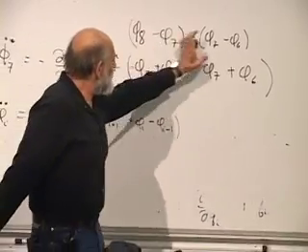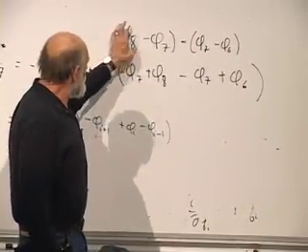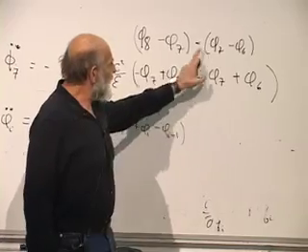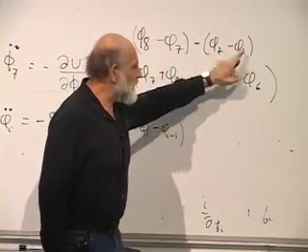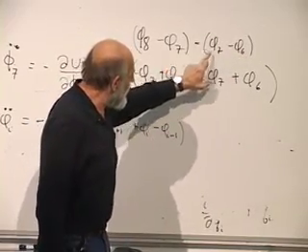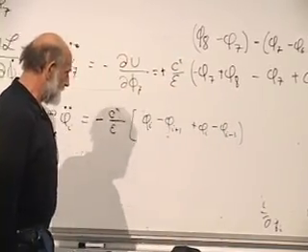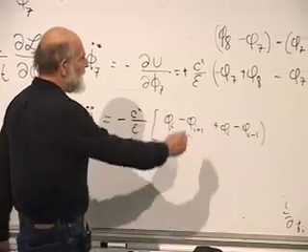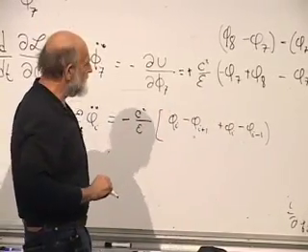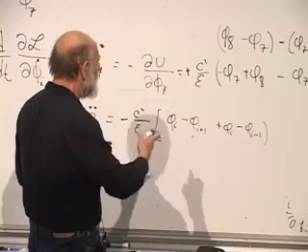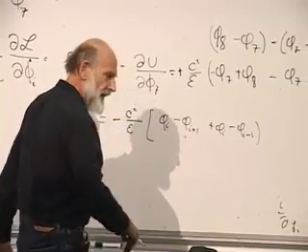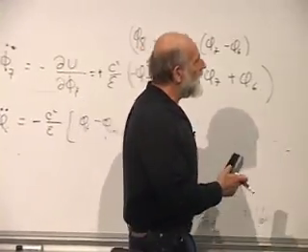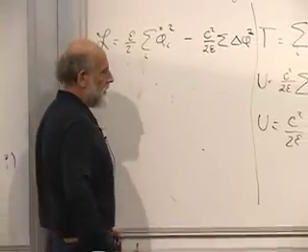It's the difference of the differences. The difference between 8 and 7 less 7 and 6. This is going to become a second derivative. All right, but before we do that, let's divide by this epsilon here. And then, well, let's not divide. Let's just write down the equation of motion.